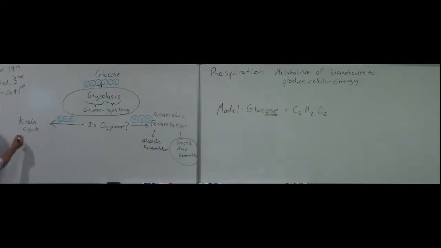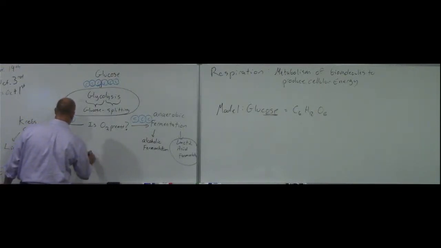From the Krebs cycle, they'll go through what's called a link. And from the link, ultimately, it'll go to what's called the electron transport chain, the ETC. Okay? I'm going to write that down. It's electron transport chain.